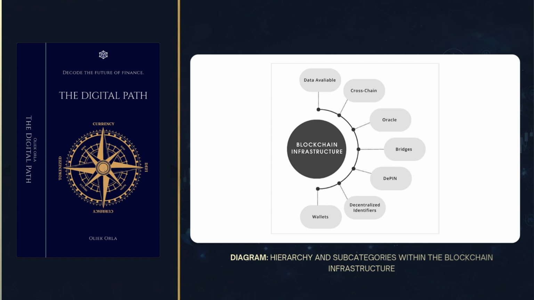This category includes several core infrastructure domains that perform mission-critical functions: data transmission and storage, cross-chain communication, secure user connectivity, identity systems, and even physical world infrastructure.